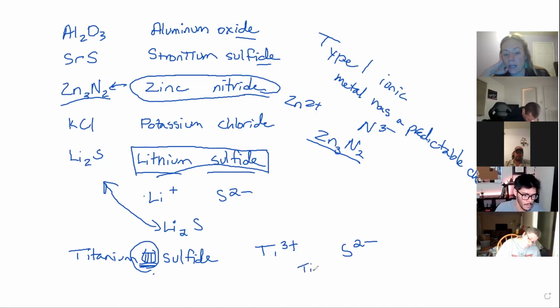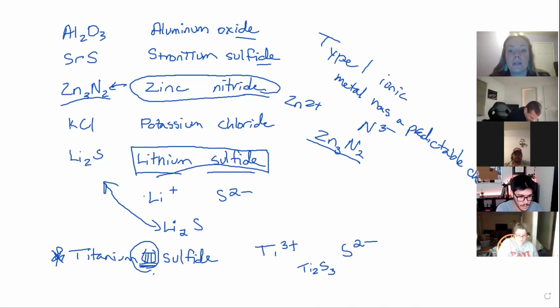I'll have 2 titaniums for every 3 sulfurs. So that's how transition metals or type 2 with varying charges differ from our type 1s. In our type 1s, it's simple, easy, clean. Type 2s or varying charges, we have to include the Roman numeral.